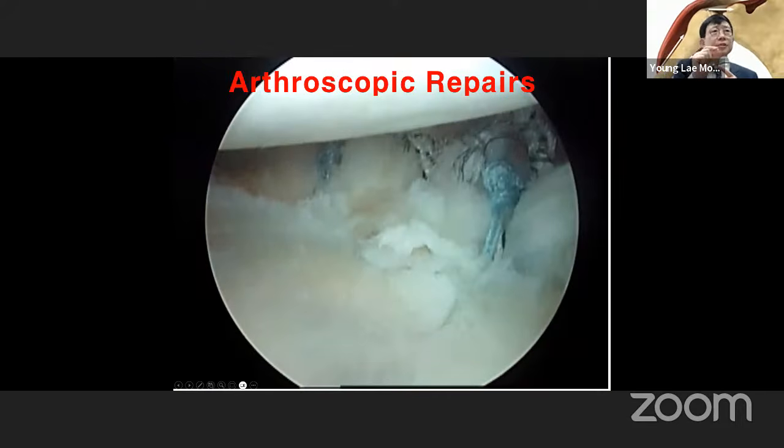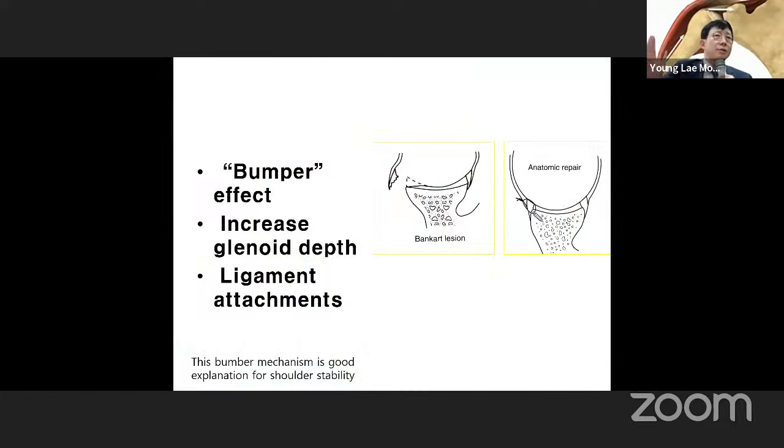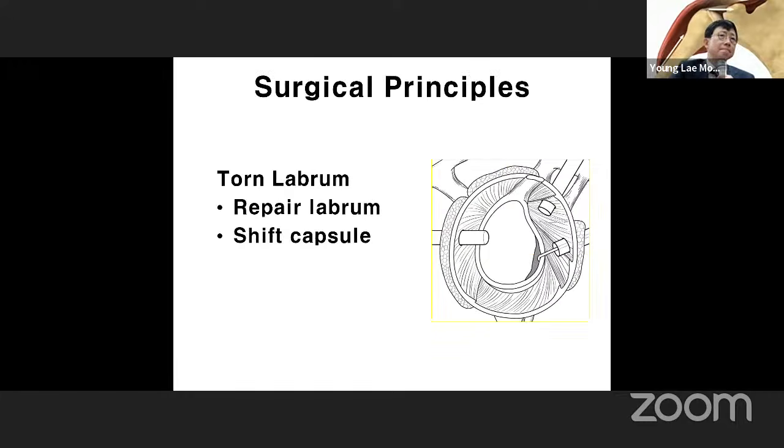The first surgery is the soft Bankart repair, and we apply the repair in an arthroscopic way. The arthroscopic stabilization of the ligament of the anterior and inferior glenohumeral ligament. The major principle is ligament attachment and obtaining a proper amount of glenoid depth for containing the humeral head into the glenoid, the so-called bumper effect.